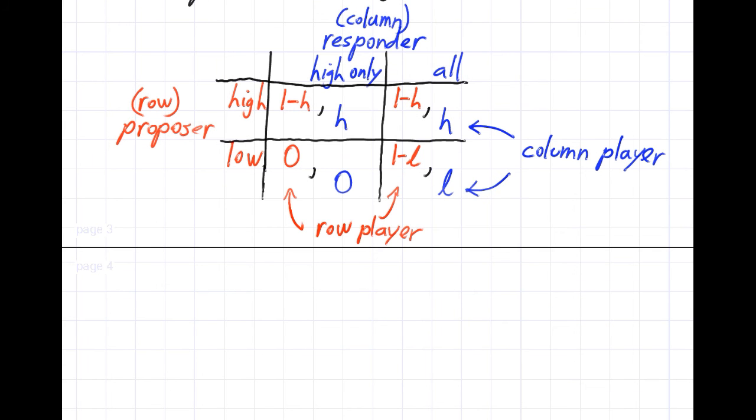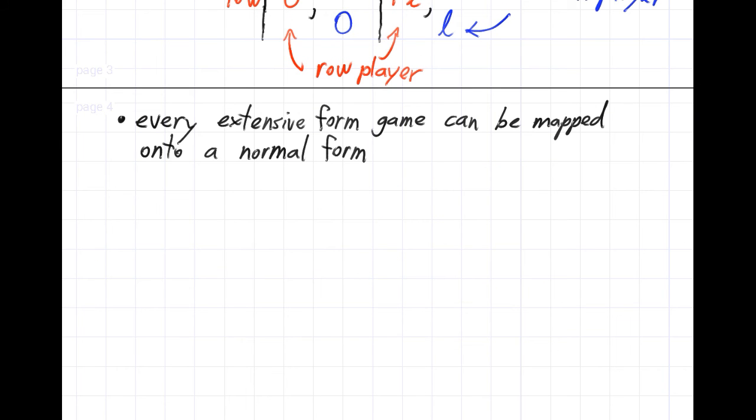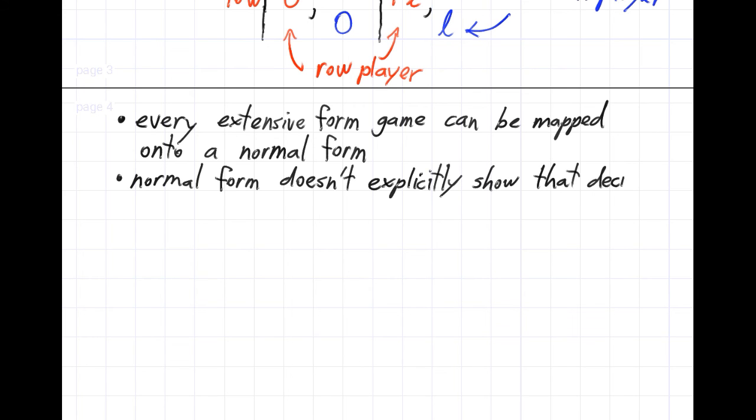Okay, now some things to think about. I'll just state it here and you can think about it for yourself. Every extensive form game can be mapped onto a normal form. But keep in mind that the normal form doesn't explicitly show that the decisions are made sequentially, like we saw in the extensive form of the ultimatum game.